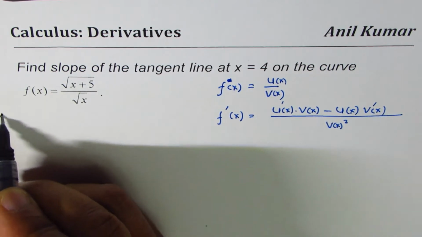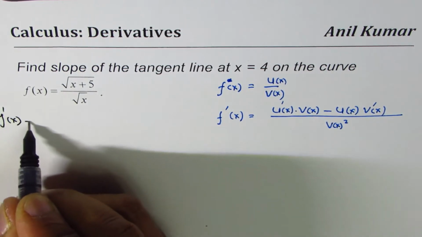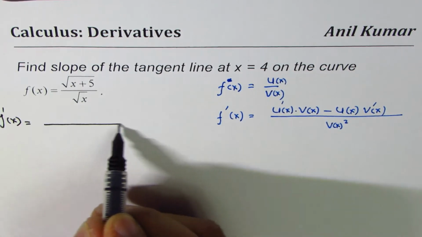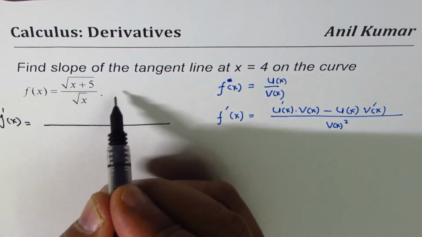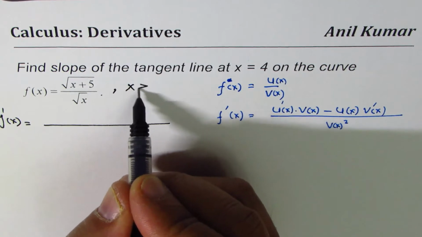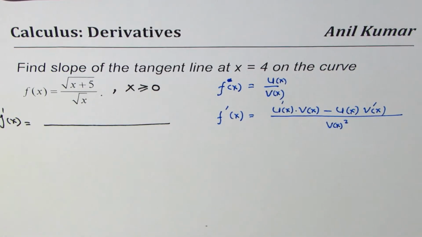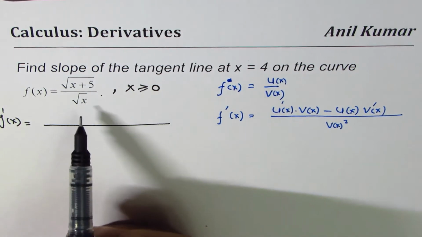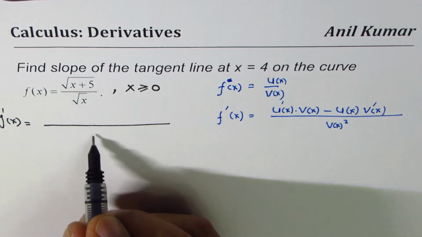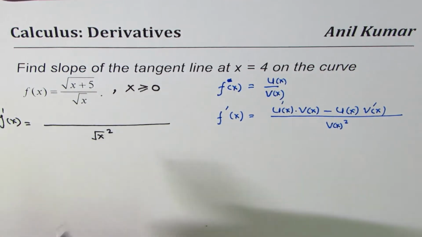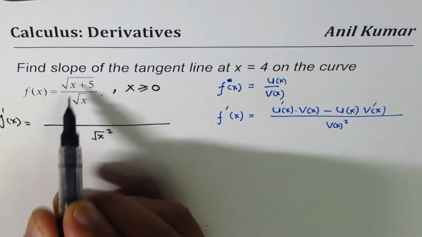So we can write this as f dash x equals. You can also note that in this case, x is greater than or equal to 0. That's kind of important to understand. Now, the denominator squared means square root x squared. We have to find the derivative of the numerator.